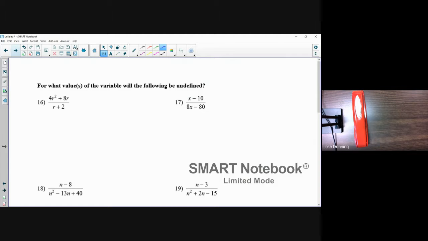You cannot divide by 0. So all you do for these, when it says undefined, if that's all it says for you to do, ignore the top. You could have 100 trillion x to the millionth power, who cares? Forget about it. Just take the bottom, set it equal to 0, then think about how you solve it.